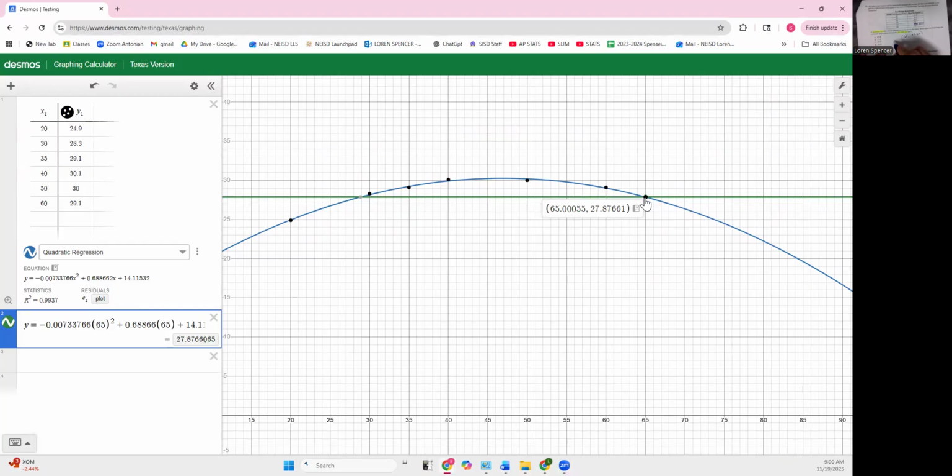And basically all we did was that we had y equals negative 0.007337 x squared plus 0.6866866 x plus 14.1.